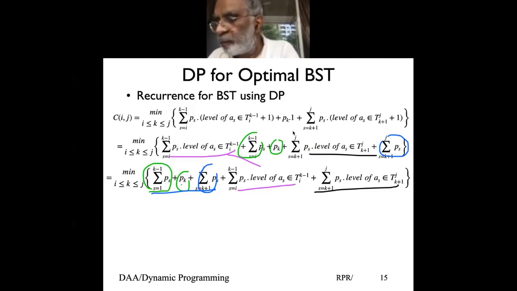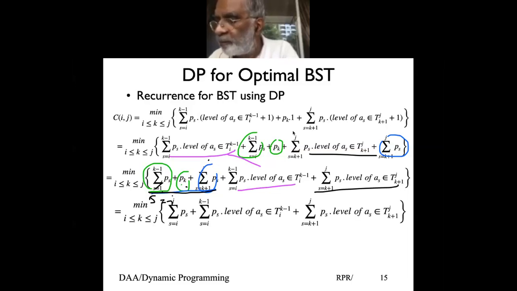Now look at this: h is 1 to k minus 1 plus k plus 1 to j. That means this simply gets h equal to, sorry, this should not be 1, this should be i. There's a typo, there should be h equal to i. I'll correct that. And that means the sum becomes i to j Ps, plus I get this part and I get this part.